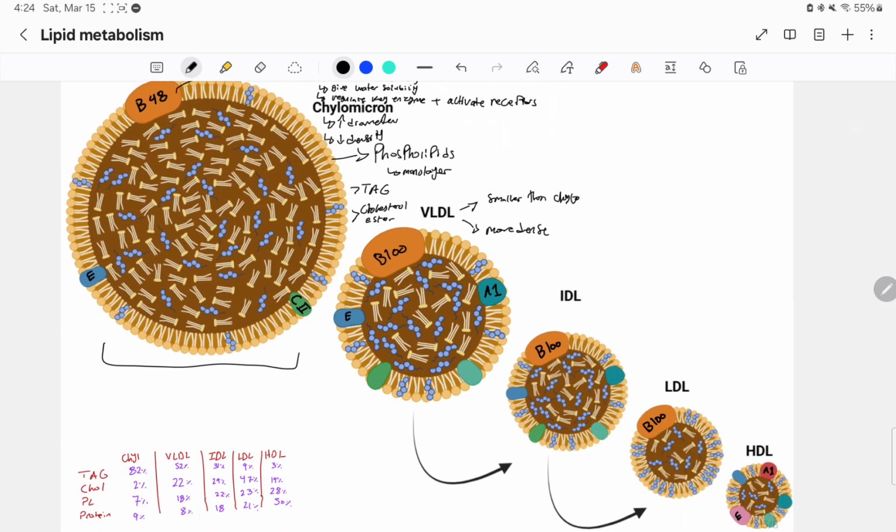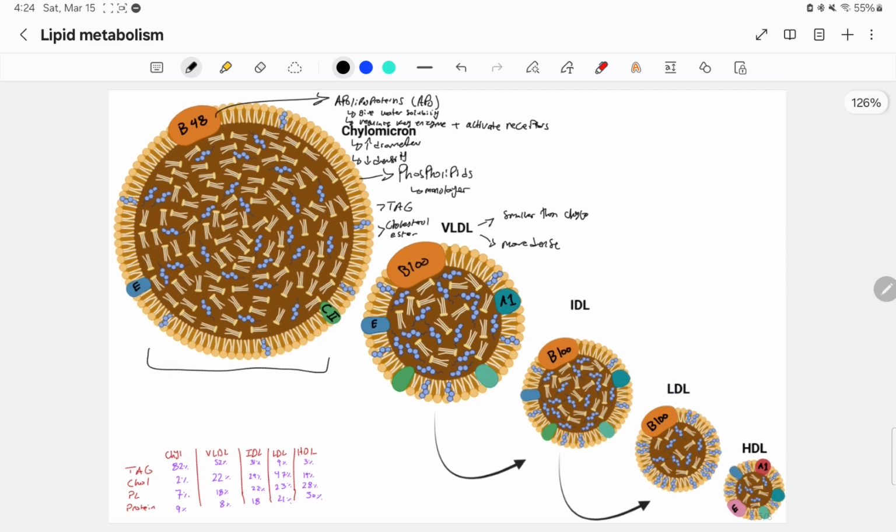The IDL and the LDL are interesting molecules. What do I mean by that? The IDL and LDL are kind of byproducts of metabolism and extraction of lipids from the VLDL. You'll see this when I talk about it more in the video, but the VLDL will go through the circulation and get metabolized.